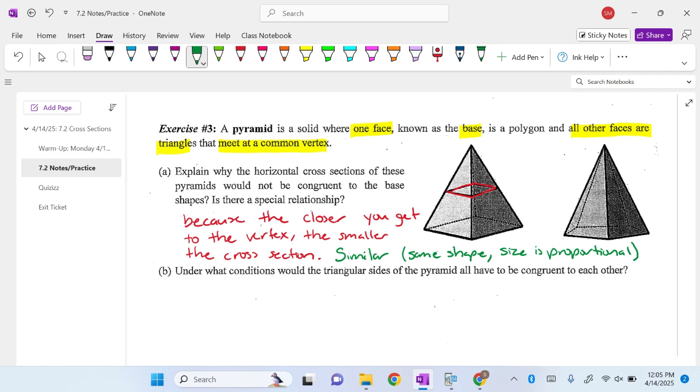Now, under what conditions would the triangular sides of the pyramid all have to be congruent to each other? So, all the triangle sides, so like right here, what would have to be true about the sides of these triangles in order for them to be congruent? What's a postulate that typically proves congruency?